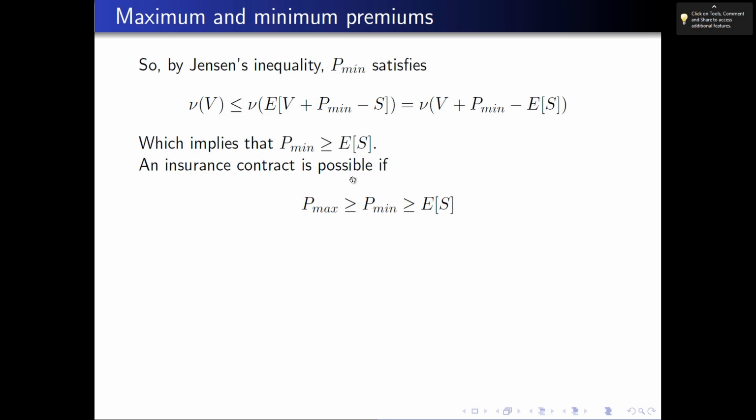And if we combine insurer and the individual, we will end up with this. The maximum amount that the individual agrees to pay should be more than the minimum price that the insurer would like to receive, and they both should be more than the expected value of risk.